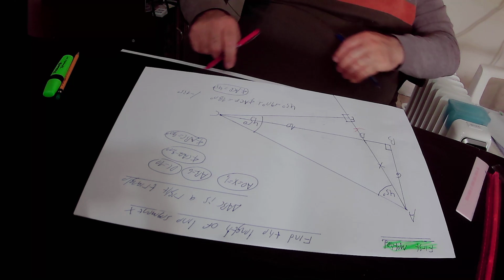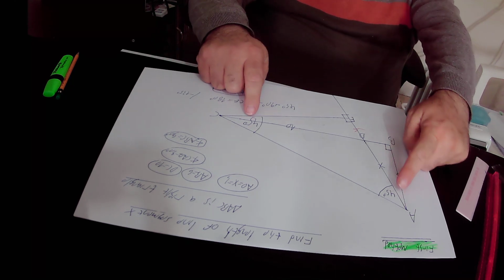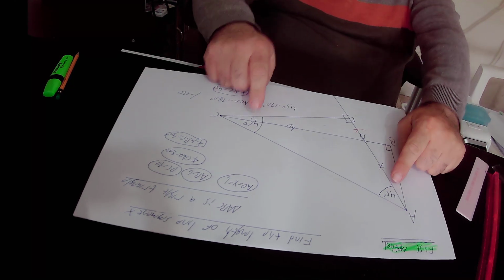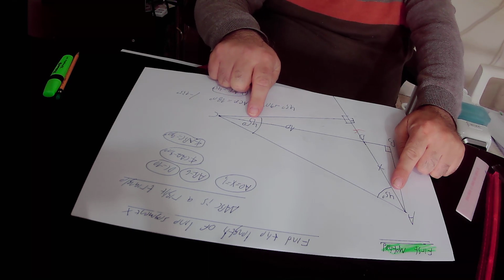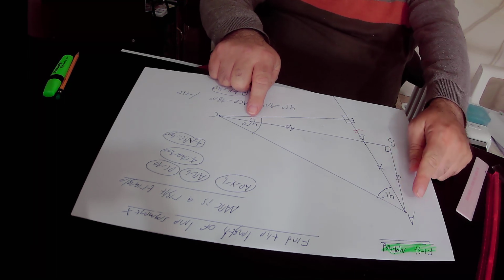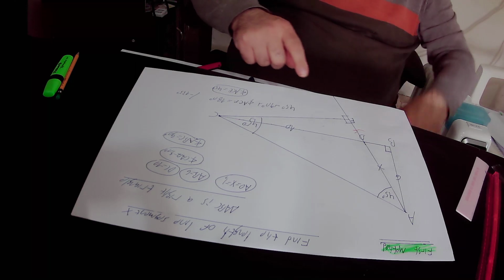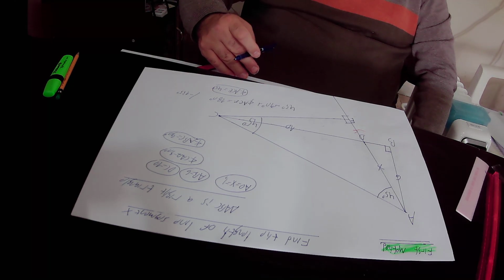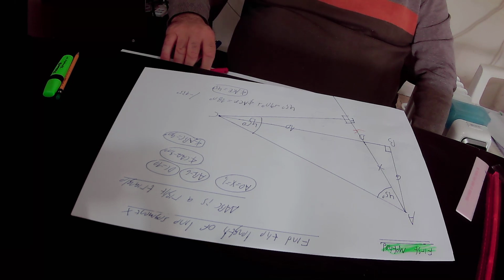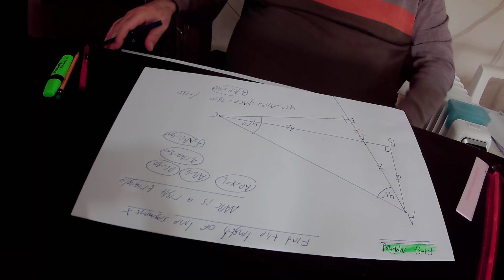Here in triangle AEC we have two angles that are equal to each other, both equal to 45 degrees. Therefore, in front of those two equal angles, we will have equal sides. That is to say, side AE must be equal to side EC.